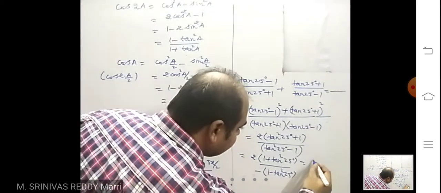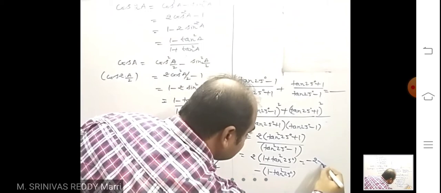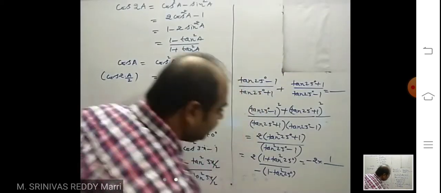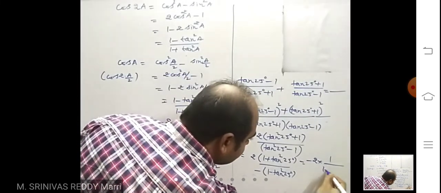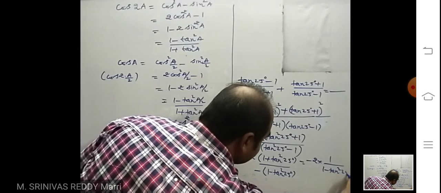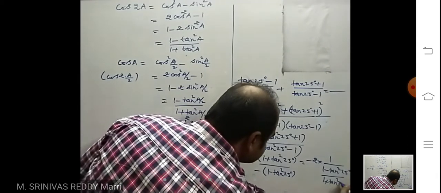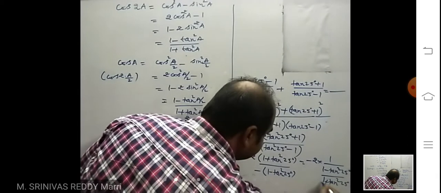Now I am writing minus 2 into 1 minus tan square 25 degree divided by 1 plus tan square 25 degree.